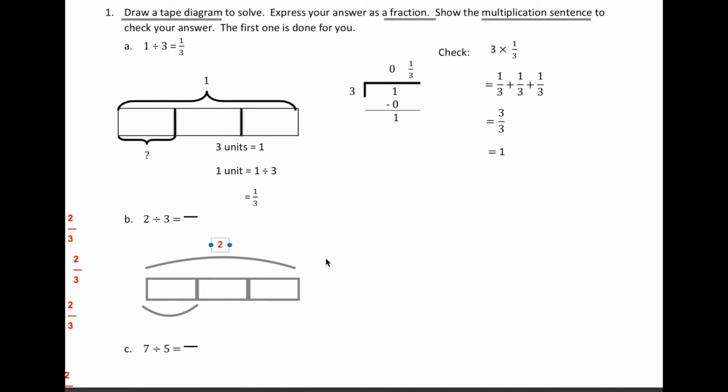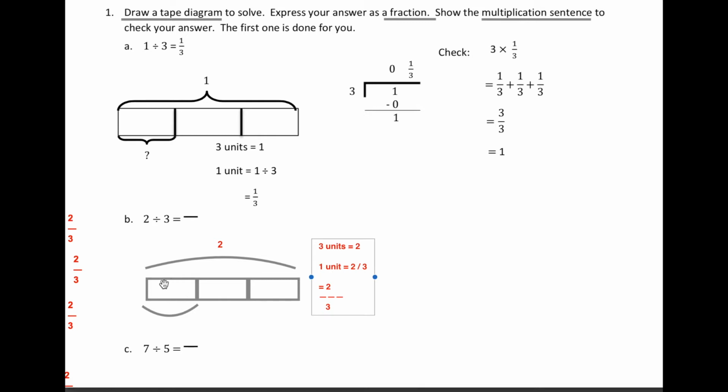Okay? Now I'm going to explain this even further. All right, so how many units do we have? We have 3 units. What does it equal? It equals 2. Okay, 3 units equals 2.